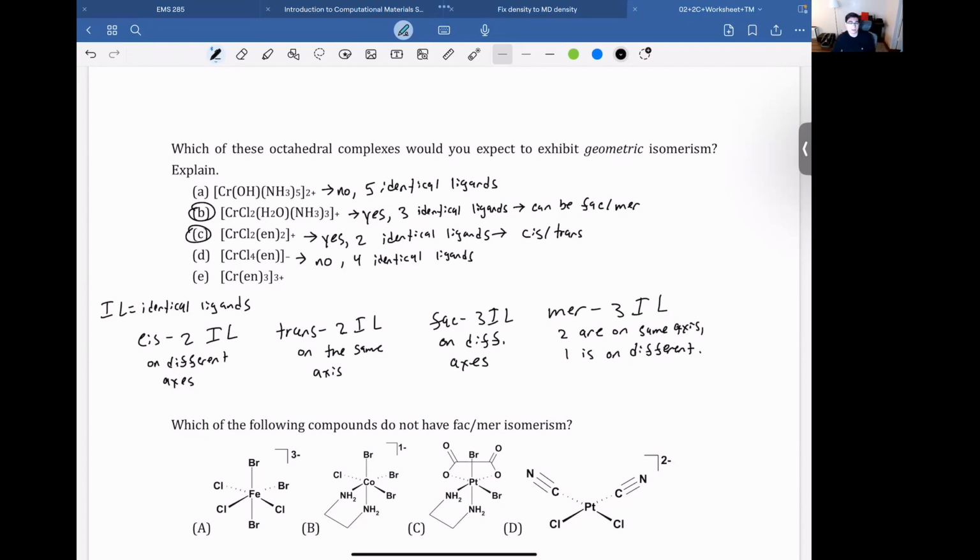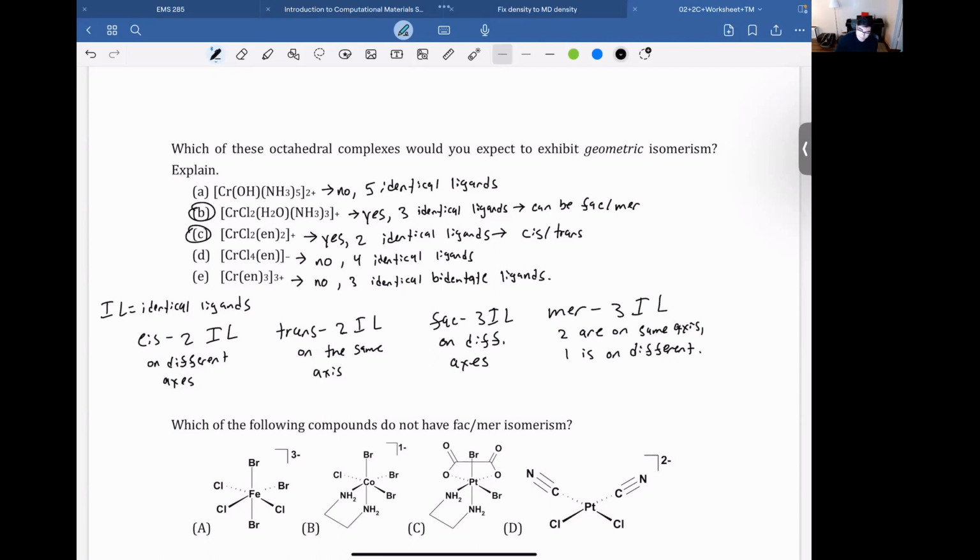So kind of running the same problem as A. And then the last one is no, not for geometric isomerism, at least. You have three identical bidentate ligands. That doesn't mean it's not optically active, though. It just can't exhibit cis-trans or fac-mer isomerism.